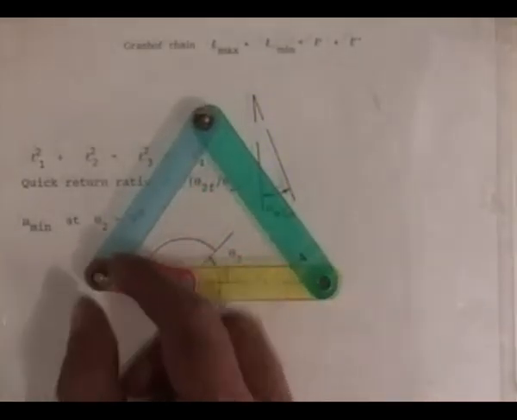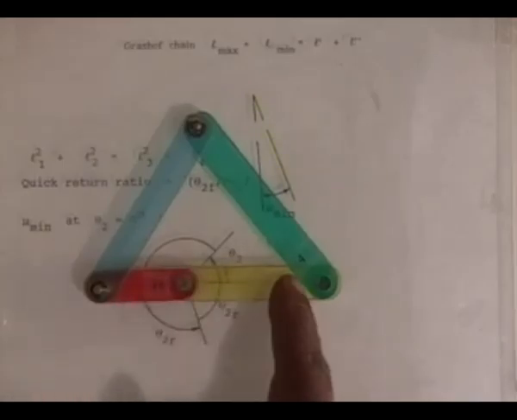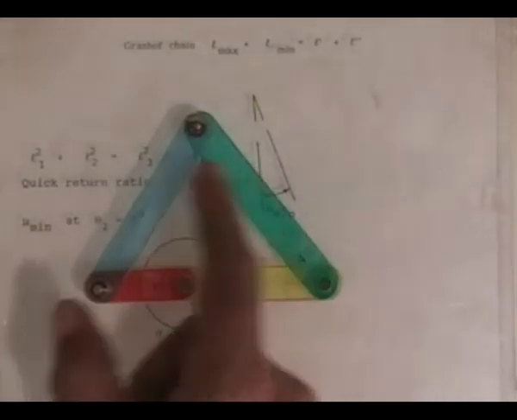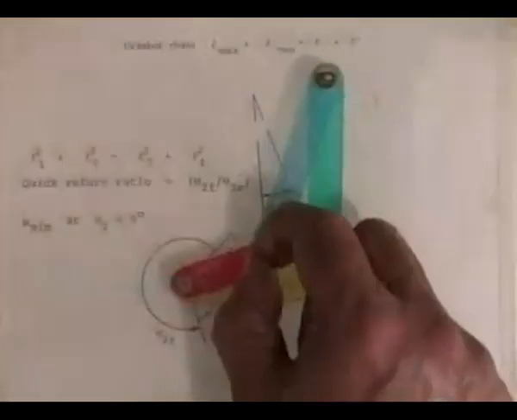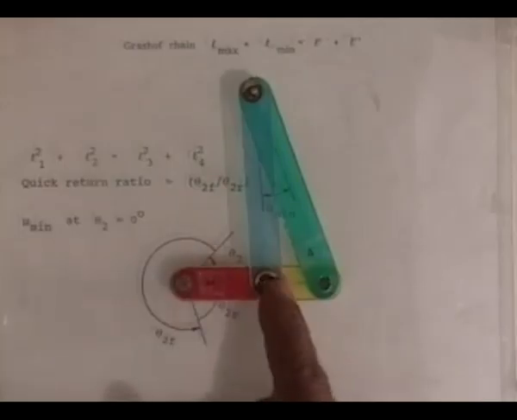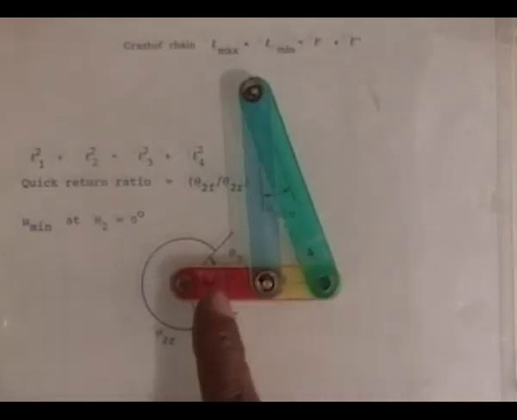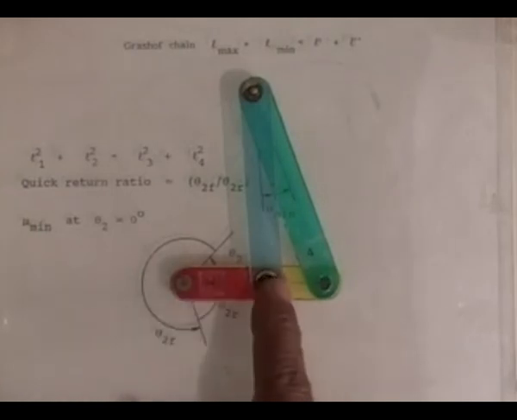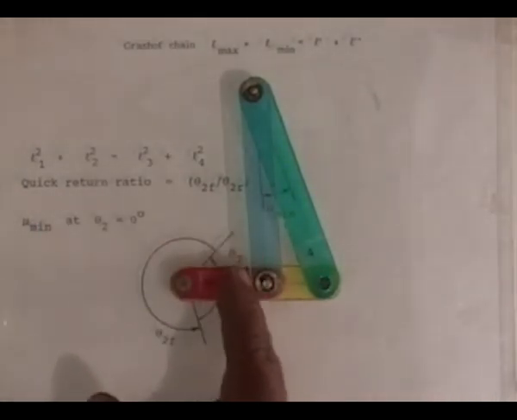However, in this configuration, when again the crank is along the line of frame, the angle is quite large, and this is not the minimum transmission angle. So, if there is quick return, then the minimum transmission angle occurs either here or when this angle is 180 degree. But if there is no quick return, then it happens both at this position and at the 180 degree position, as shown earlier.